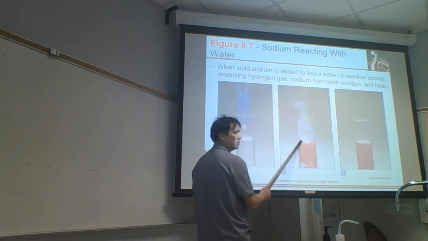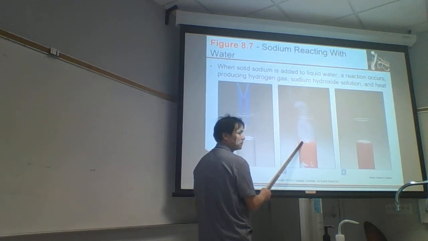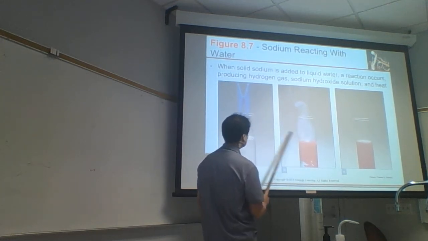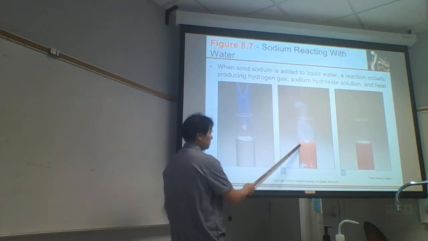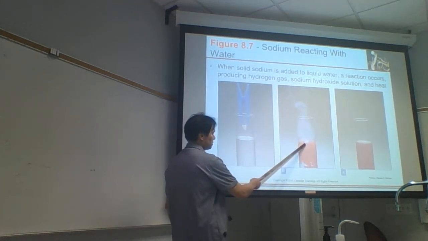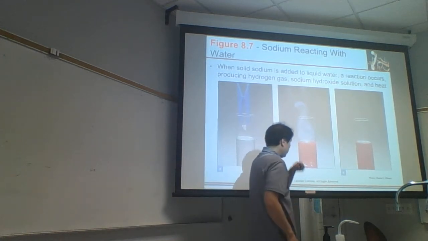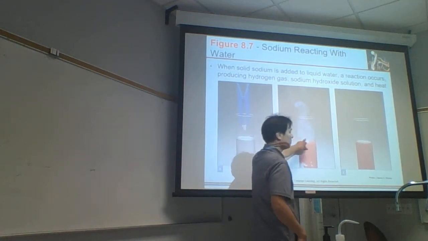We call that type of process endothermic or exothermic? This would be exothermic, so heat is released. It doesn't take much heat to melt sodium. Sodium melts at about 90 degrees Celsius. It reacts like this. If you have a lot of sodium, this will catch on fire.